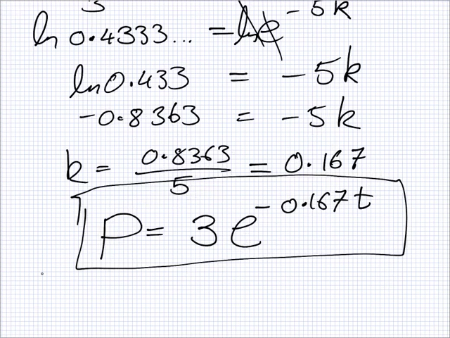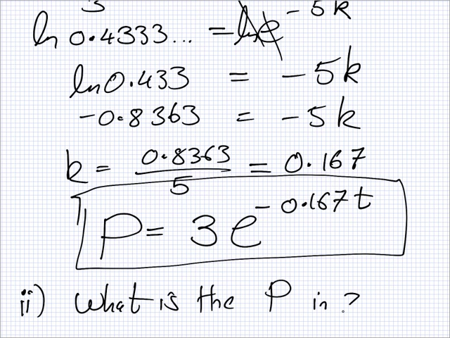Now on to part 2. Part 2 is what is the P in 2013? So they want to know what's the population of fish in 2013. Any ideas, Michelle? We want to get the P in 2013. So what could we do, perhaps?